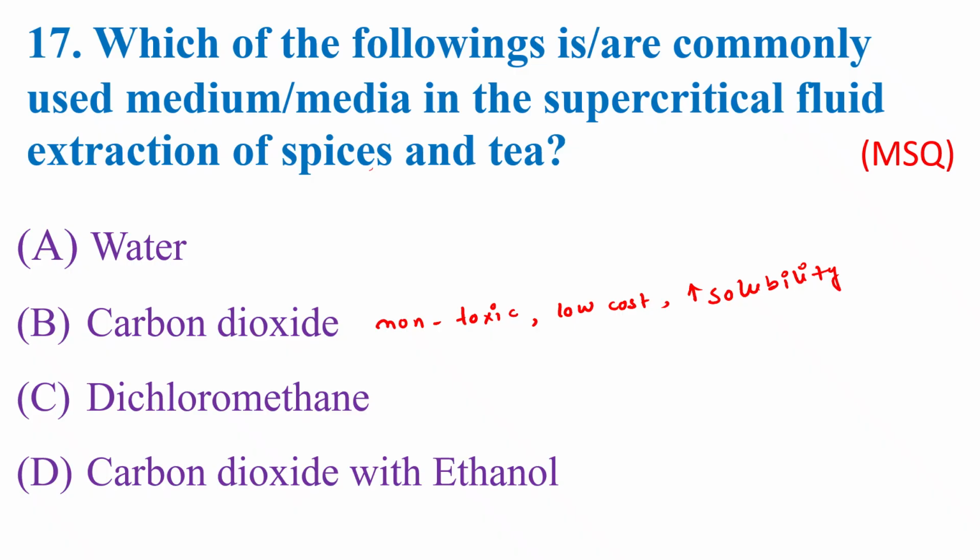And even this is ideal for caffeine extraction, that means decaffeinated tea or coffee, and spice oils like black pepper, turmeric. So CO2 is most widely used.